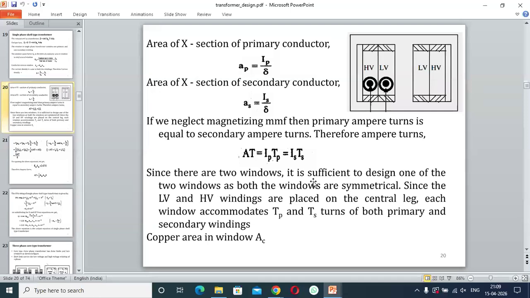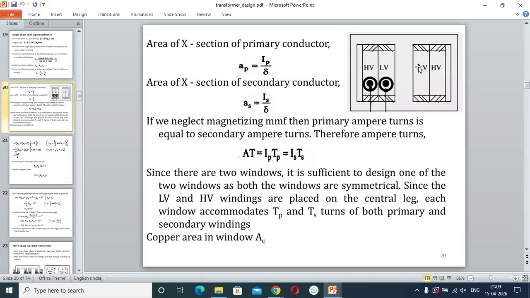As we have two windows, now you can see this is our Window 1 and this is our Window 2. These are the two windows we have. It is sufficient to design one of the two windows as both the windows are symmetrical.